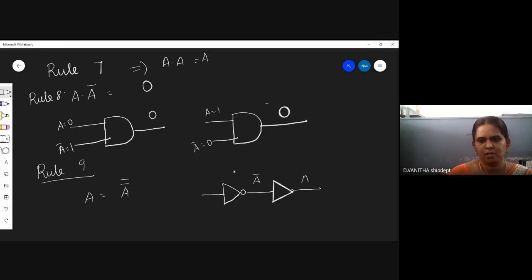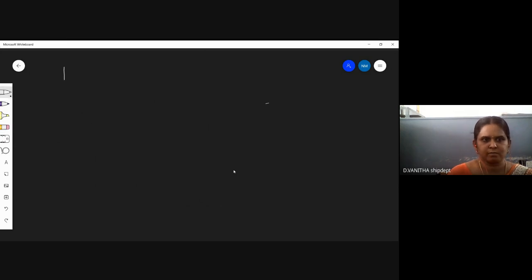So this will be A double bar. If A is equal to 0, then A bar is equal to 1. A bar is equal to 1 means again it will be barred, so this is equal to 0. So here A and A double bar, both values will be the same. So from this we can finalize that. This is rule 9. So next one is rule 10.